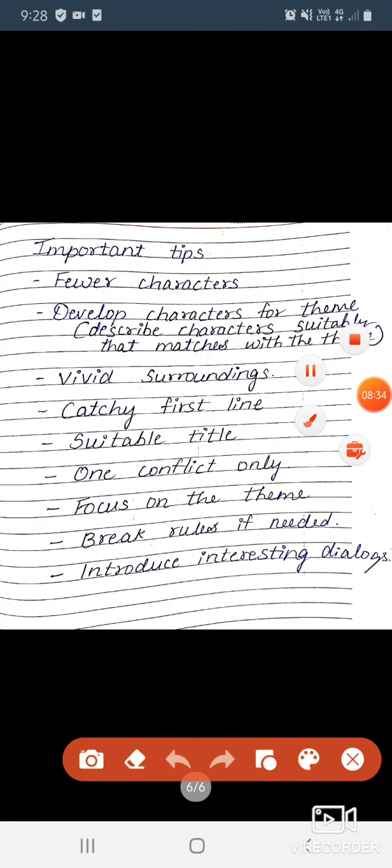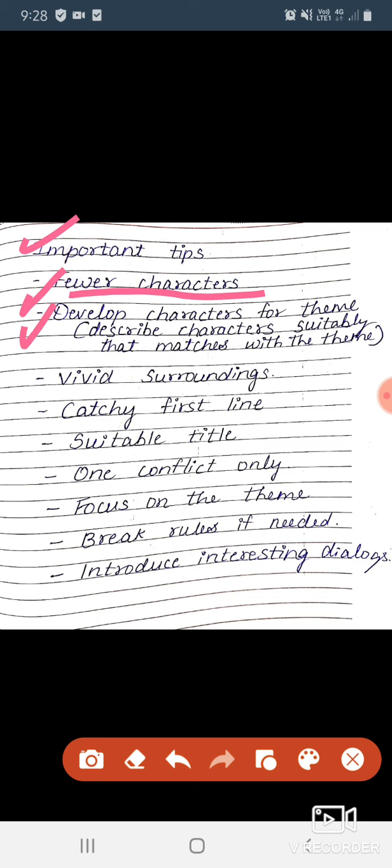These are some important tips while writing your story. Involve fewer characters. That means try to limit the number of your characters. If the number of your characters is less, it will be easy to understand the story well. Develop the characters for theme. Describe characters suitably that matches with the theme.